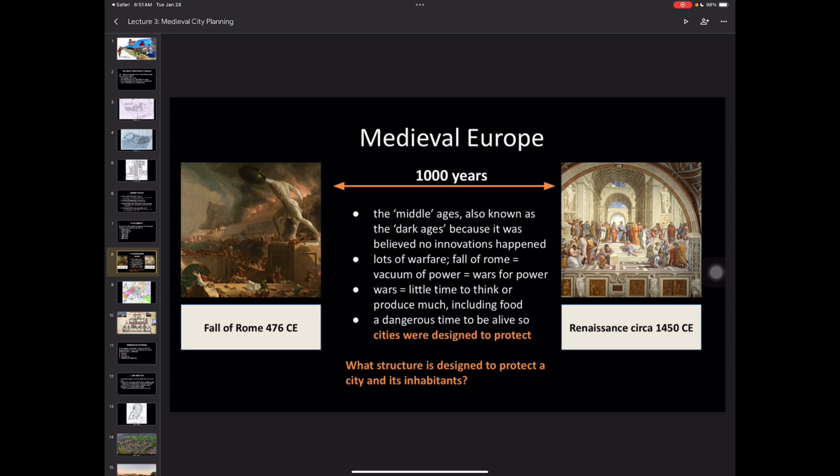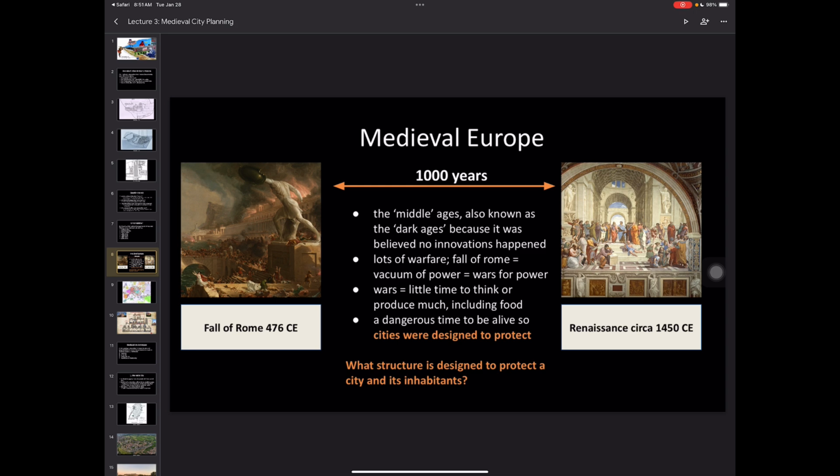And so cities generally are going to be designed to protect during this time period, right? Agriculture is still important, but when we look at the city itself, what is the most important thing that you need in order to protect a city? Walls. Yeah, you need your city walls, and so the city wall becomes the single most important thing or structure in a city during the medieval ages.